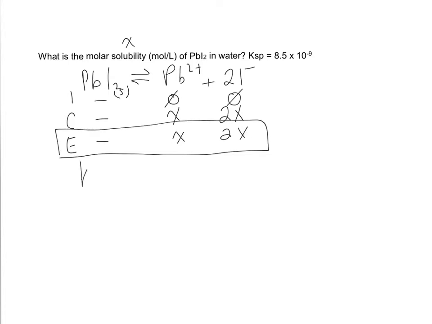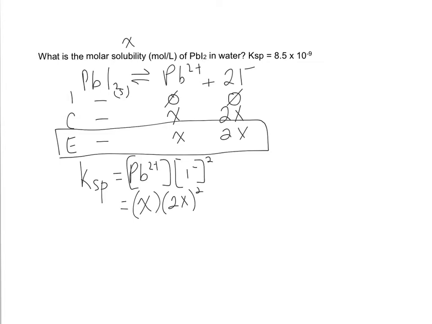So our Ksp is going to be equal to [Pb2+][I-] squared, because it's second order, so x times 2x squared. Don't forget that squared. And this is equal to 8.5 times 10 to the negative 9.